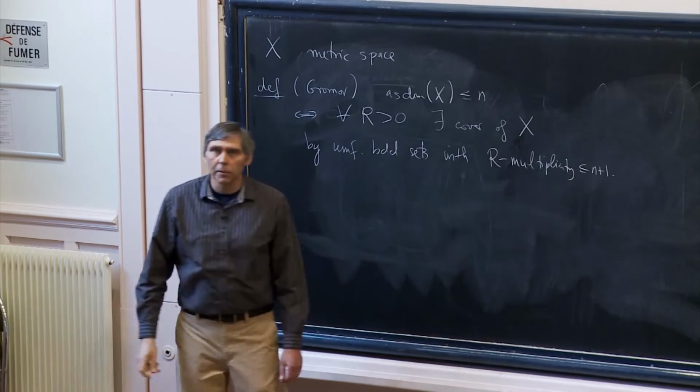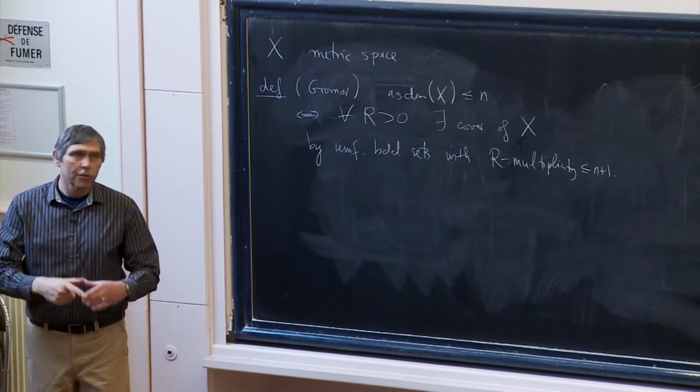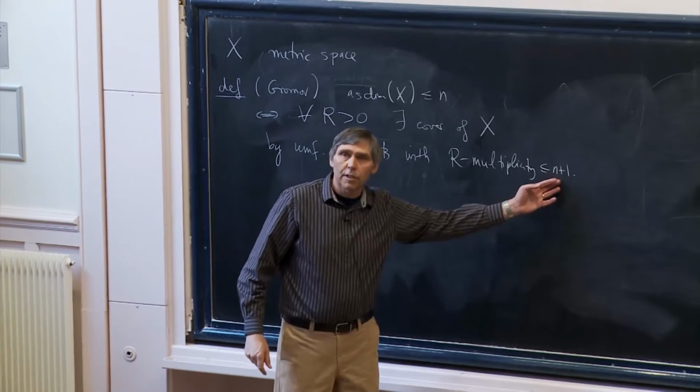What I mean by r multiplicity is that if you take any metric ball of radius r, that ball intersects at most n plus 1 of the sets in the cover.